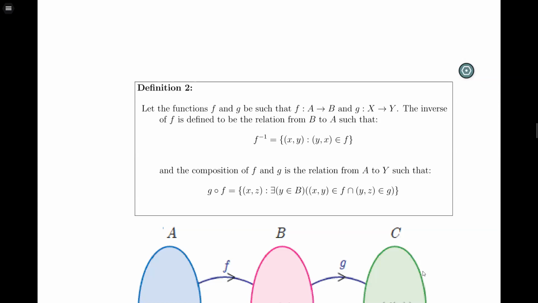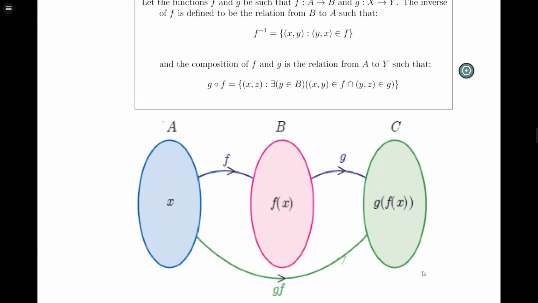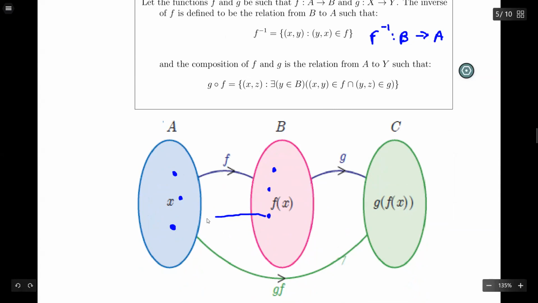So to understand the basic idea of this, what we're essentially doing for the inverse function is we're mapping B to A. So if I have elements in the set A, and elements in the set B, I'm essentially mapping it the other way around.